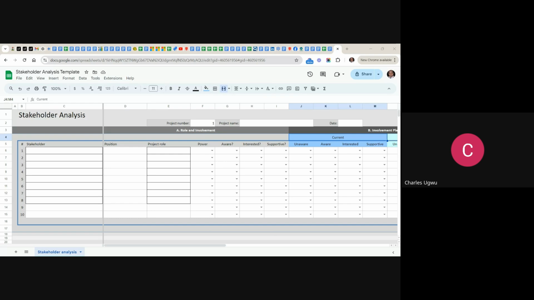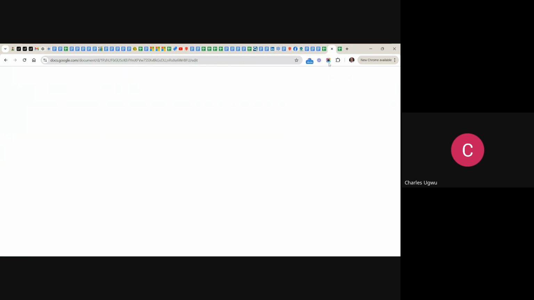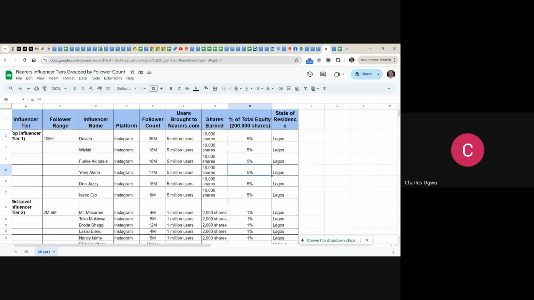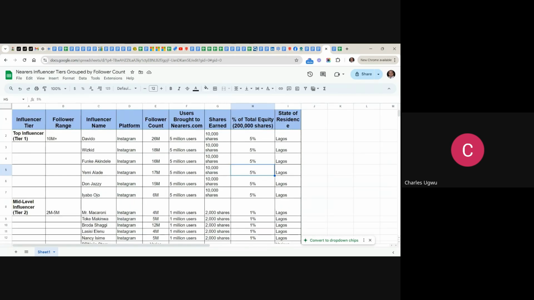And again, this document is already in the platform, which I want everybody to download. This is what I generated, and it's going to help us get started with this.